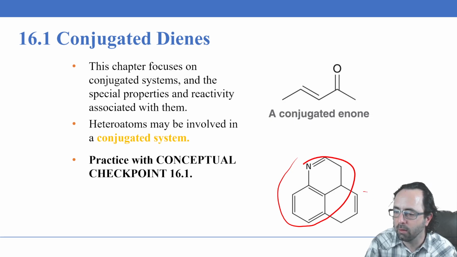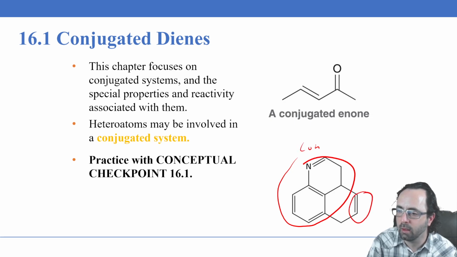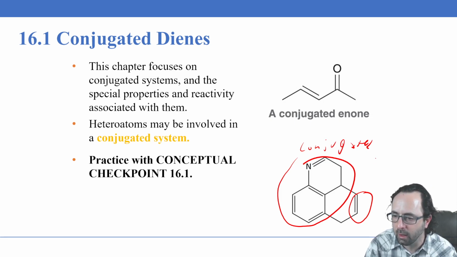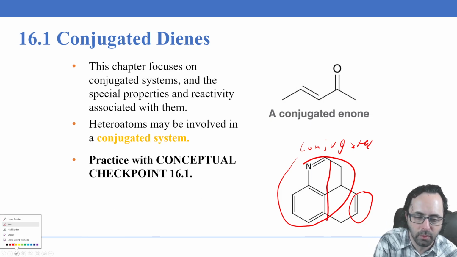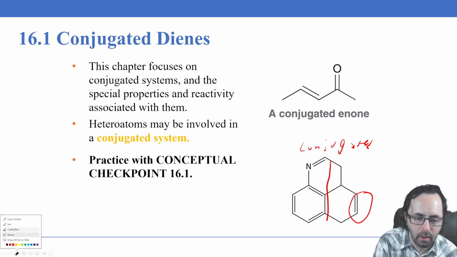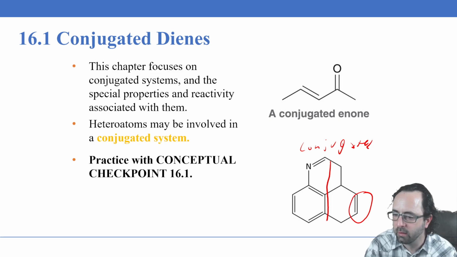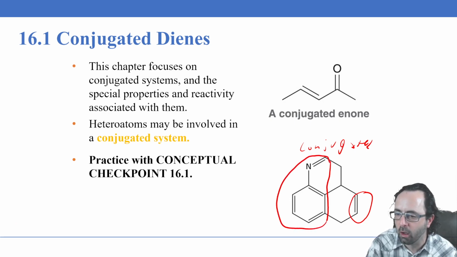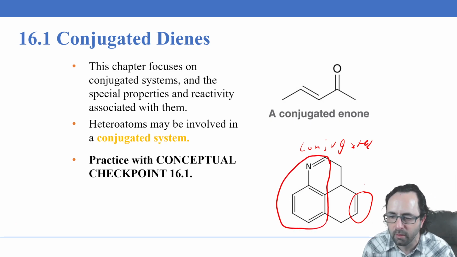And then over here, this one would be isolated. Actually, I guess that circle's a little too big. I should cut it off. So these carbons are in the conjugated pi system. This one's isolated here.